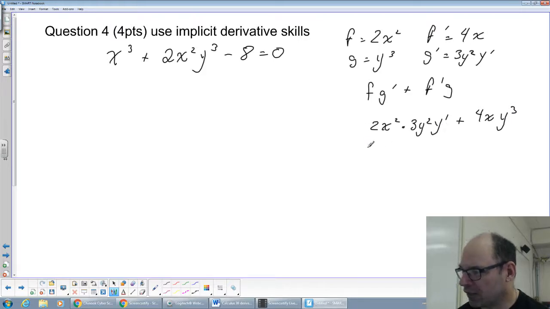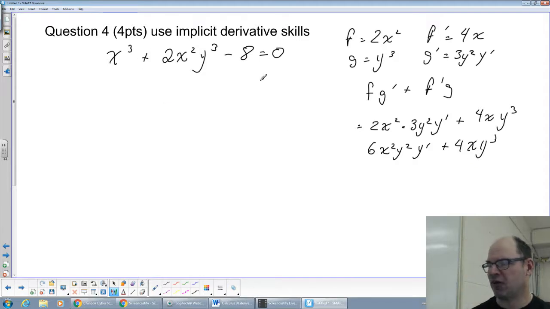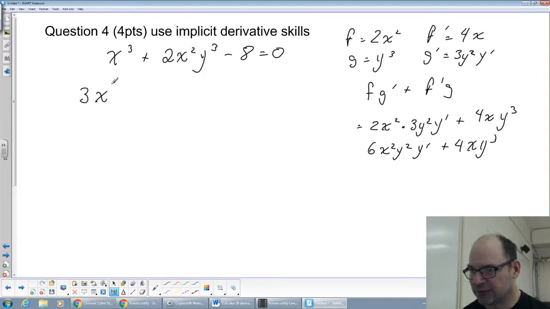Okay, we can reduce that front part there to be 6x squared y prime plus 4x y cubed. Okay, so now we can do the derivative using implicit differentiation. So this one's just 3x squared. This one we figured out down here, so we write it out.